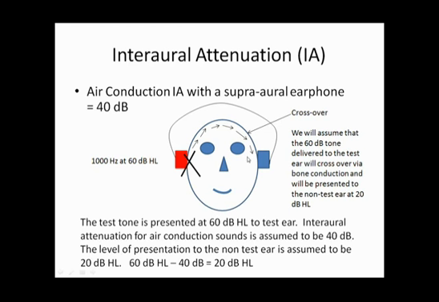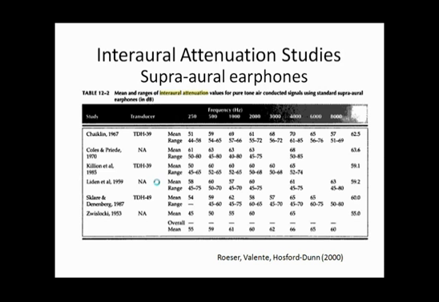All right, and so study this slide and get a hold of this concept that the interaural attenuation for supraaural earphones is 40 dB, or we're going to assume it's 40 dB. However, again, when you look at studies on interaural attenuation for supraaural earphones, you can see that the range is actually very, very broad. And look at these different studies.